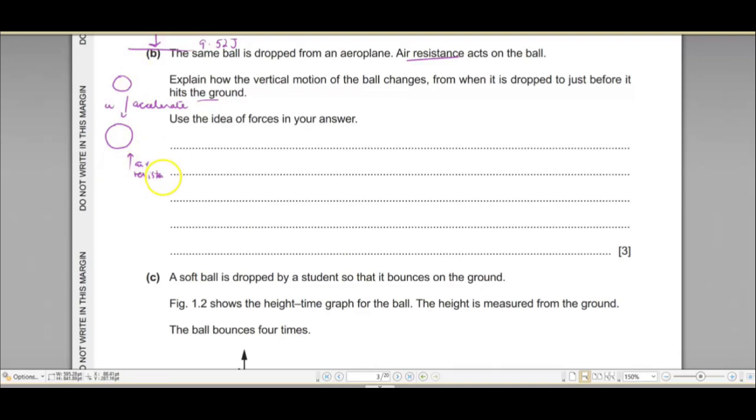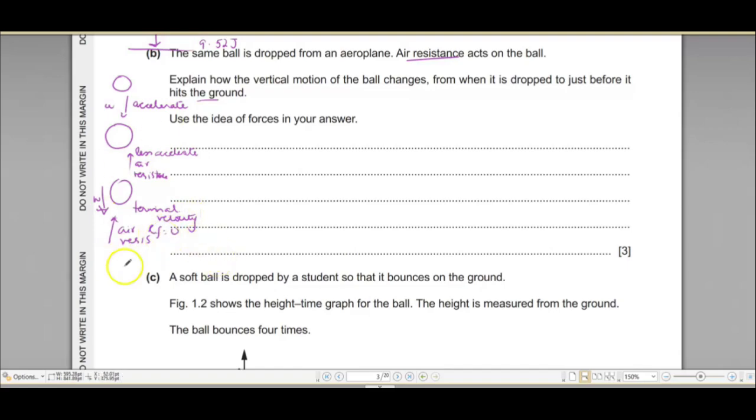As a frictional force has started to act, it accelerates now less. The acceleration becomes less. And then there comes a time when the air resistance and the weight of the ball both balance each other out, and the ball reaches terminal velocity where the resultant force on the ball is zero.